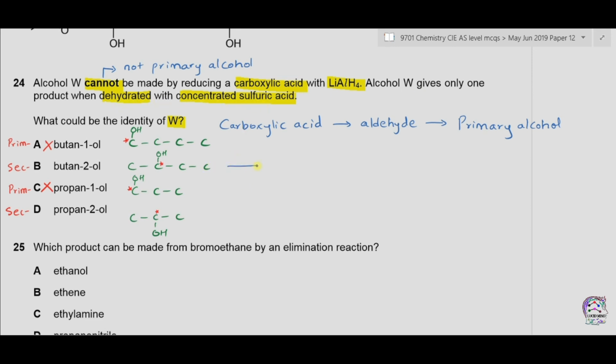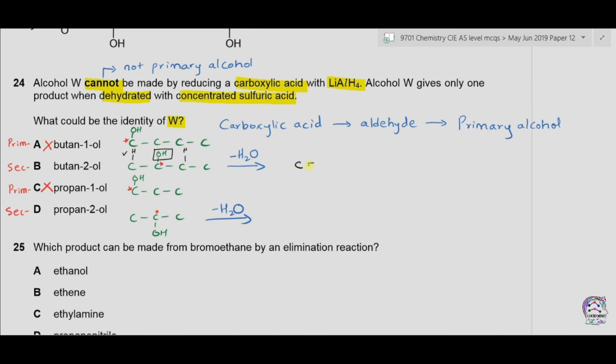So let's see if B and D give one product. Dehydration means removal of a water molecule in the presence of concentrated sulfuric acid. For the removal of water, OH is removed from 1 carbon atom and a hydrogen atom is removed from the adjacent carbon atom. So it could be this carbon or the hydrogen atom could also be removed from this carbon. Therefore 2 different products are formed.